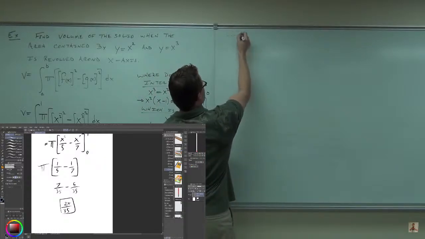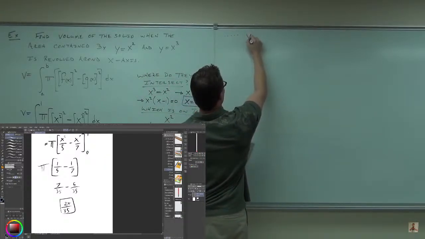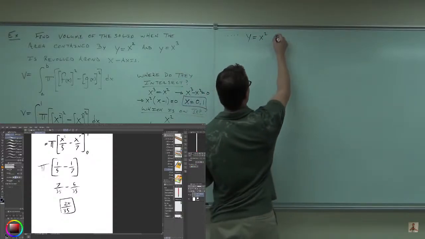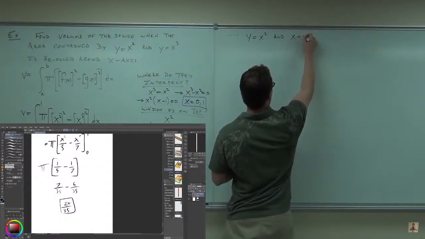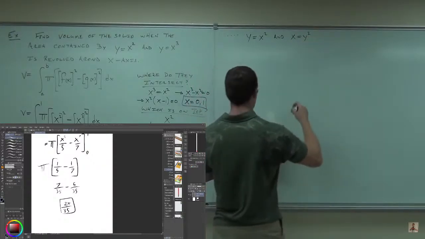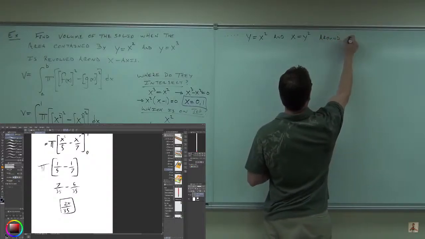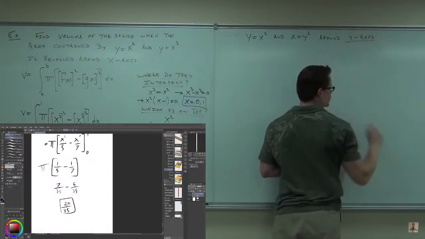Area contained by y equals x squared, x equals y squared. That should be fun. Around y-axis.